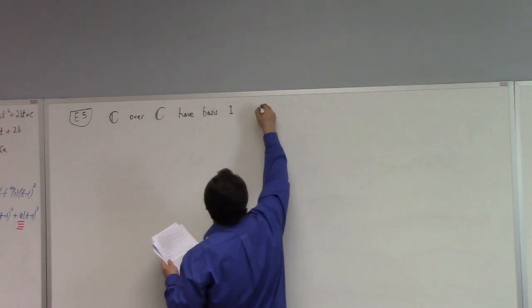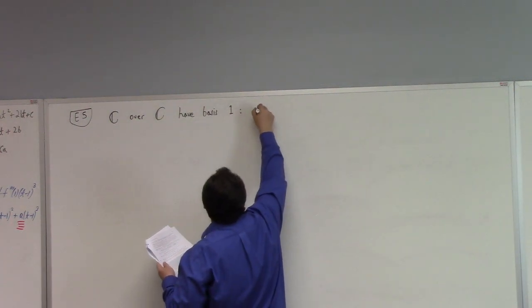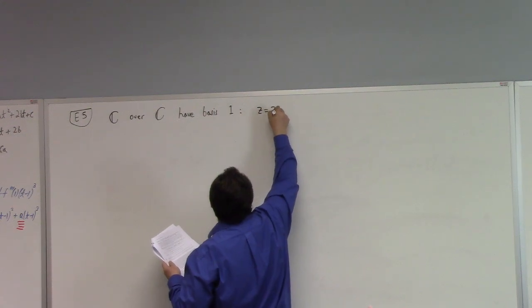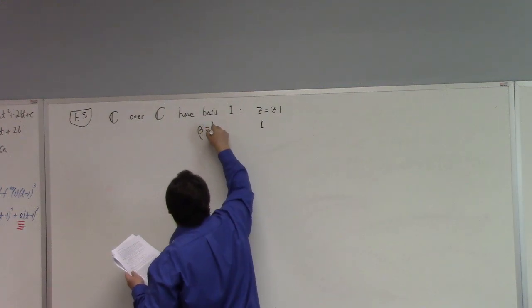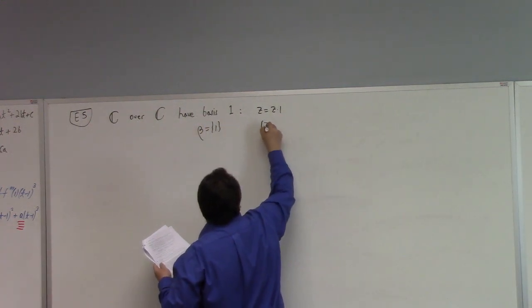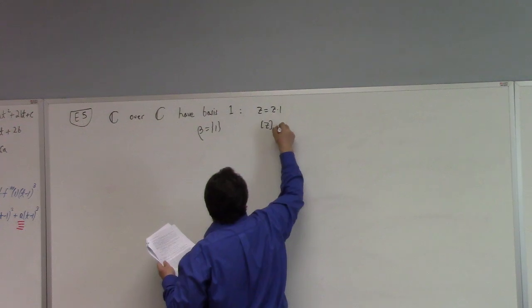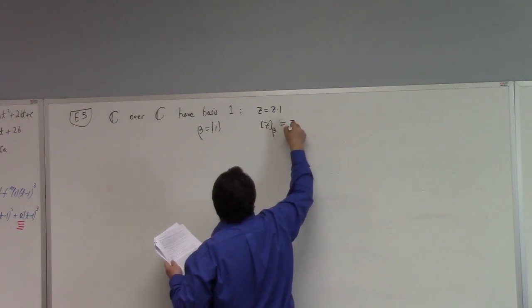If you did that, then z is equal to z times 1, so if my basis is just the number 1, this is exceedingly silly, but the coordinate vector of z is, well, z.